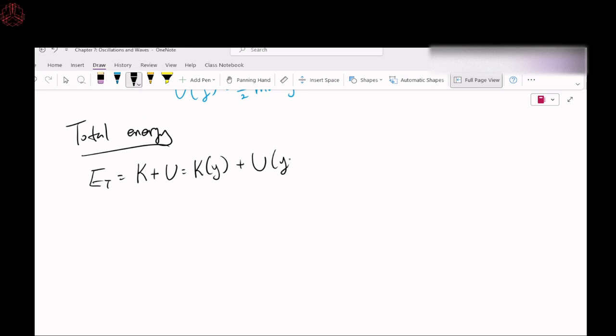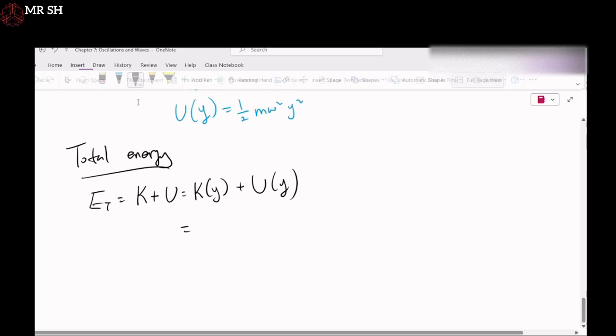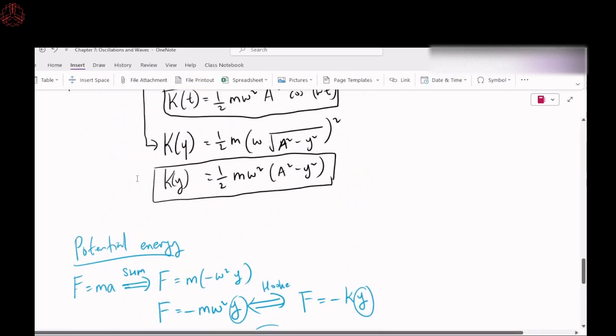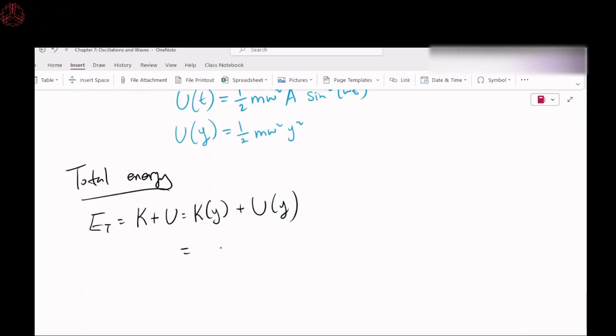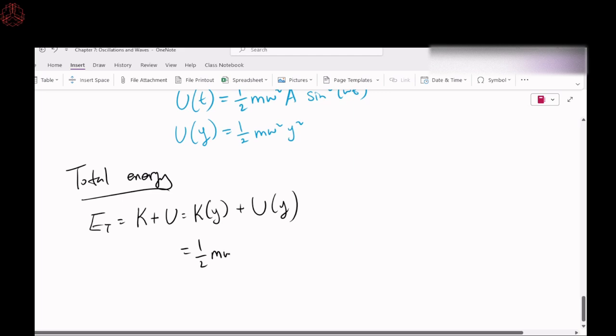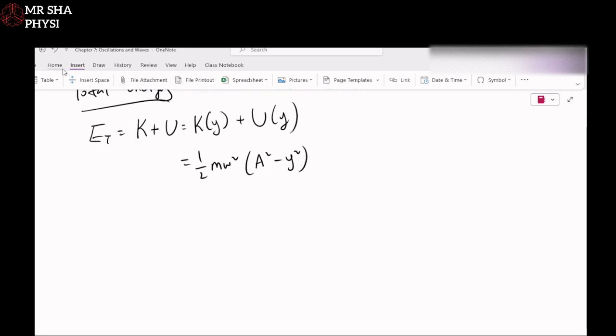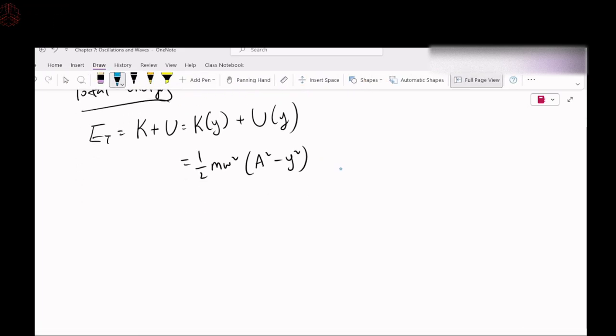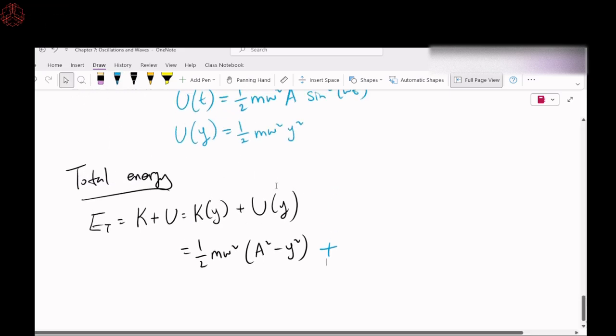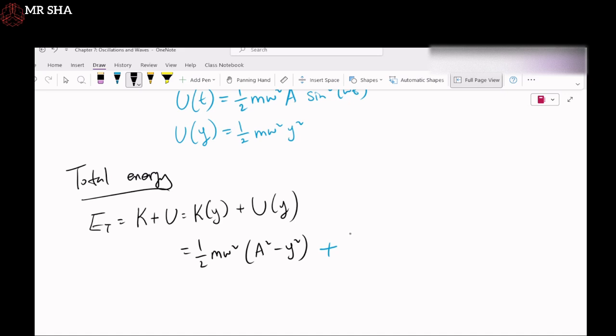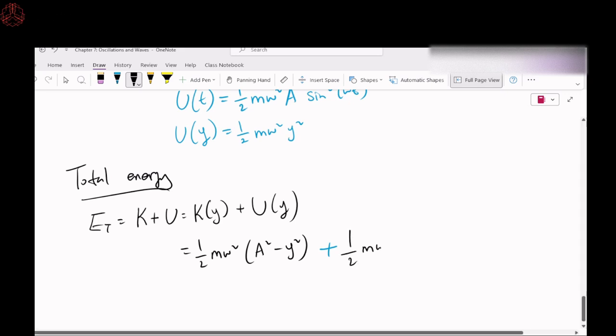If we look back at our equation for kinetic energy, we can copy that down: half m omega squared times a squared minus y squared, plus our equation for potential energy, half m omega squared y squared.